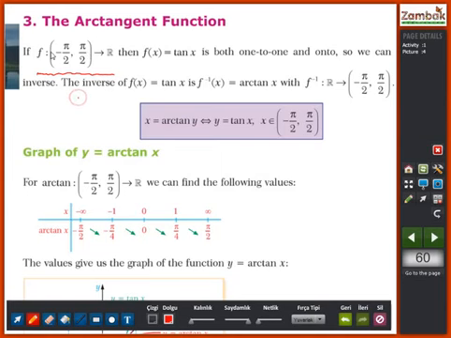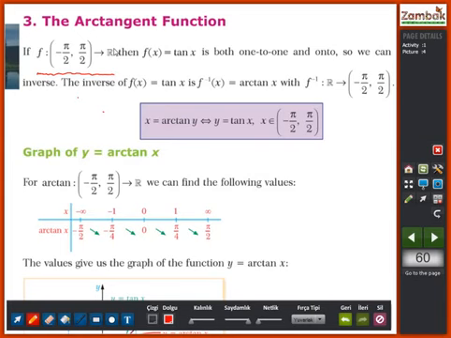Now, minus pi over 2 and pi over 2 are not included because for those angles, tangent is what? Unknown, yeah? And the range of the tangent is all real numbers, that means the tangent changes between minus infinity and plus infinity.